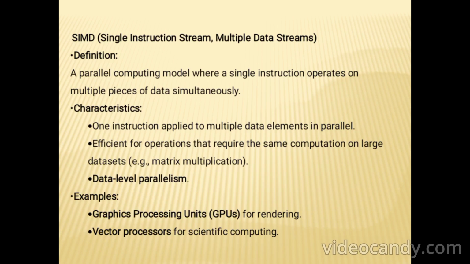Here we have the definition: SIMD is a parallel computing model where a single instruction operates on multiple pieces of data simultaneously. The characteristics of SIMD are one instruction applied to multiple data elements in parallel, which is efficient for operations that require the same computation on large data sets, for example matrix multiplication.